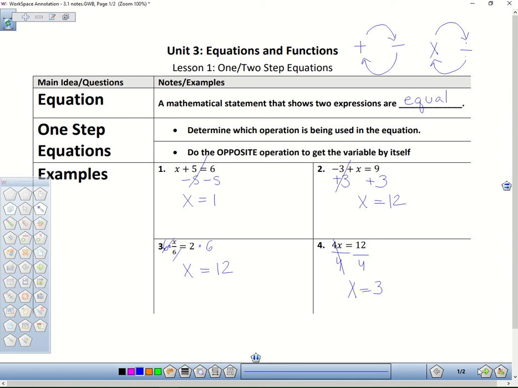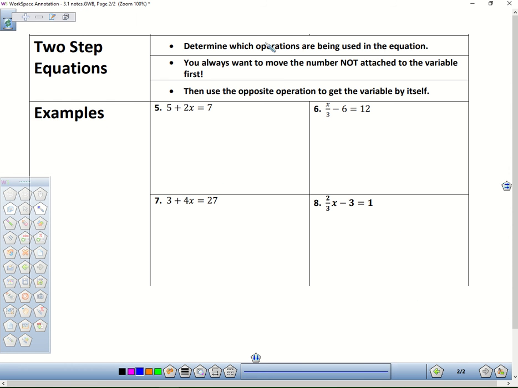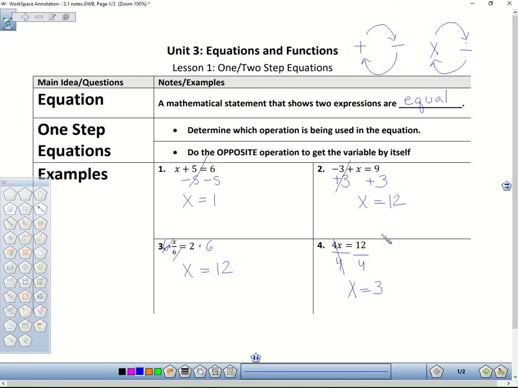So for a two-step equation, you determine which operations... Explain. I just went through explaining it.